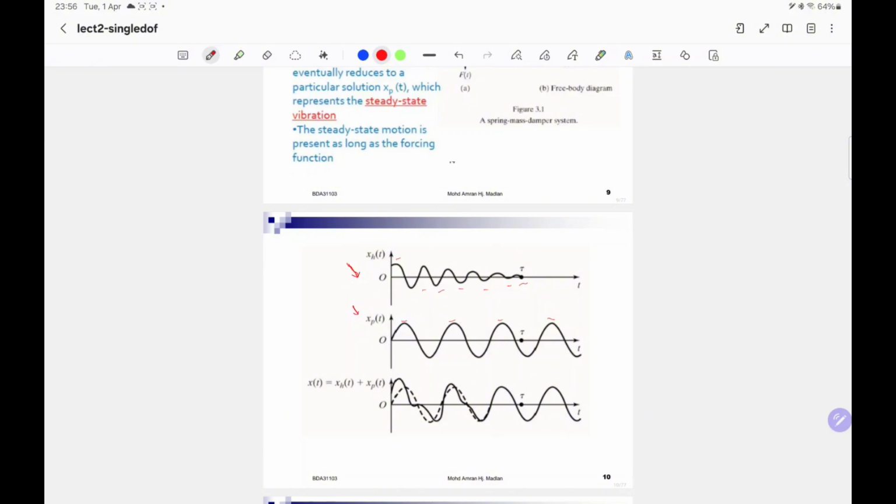So for the case of forced vibration, it is a combination of xh and xp. Here this represents the homogeneous solution, and this is the particular solution. Over time the amplitude remains constant because it is contributed by the external force, where the external force remains constant.